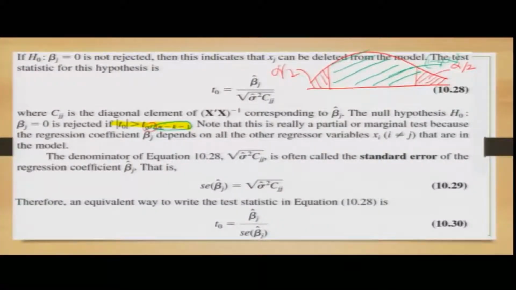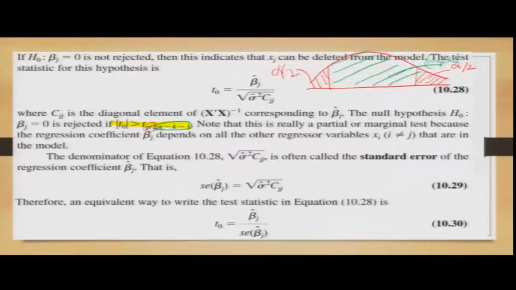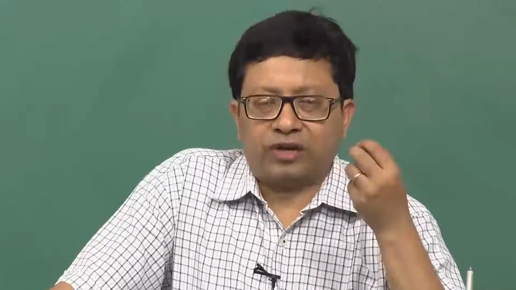Note that this is really a partial and marginal test, because the regression coefficient beta j depends on all the other regression coefficients: beta naught, beta 1, beta 2, beta 3 till beta j minus 1, then beta j plus 1, beta j plus 2, and so forth till beta k. I should rather say they depend on the x values, so x 1 to x j minus 1, then x j plus 1 till x k.